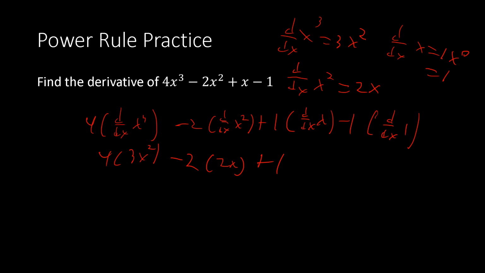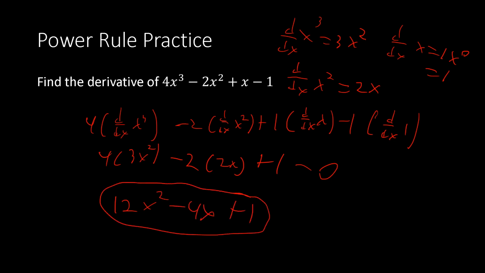The derivative of 1 can actually be written as the derivative of x to the 0. So it's going to be 0 times x to the minus 1, which in this case is just going to be 0, because the 0 will just cancel with everything. So our derivative for this is just going to be 0. At the end, we're going to have 12x squared minus 4x plus 1. And that's our answer.